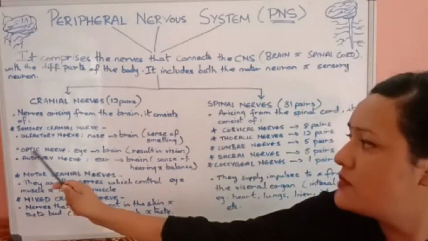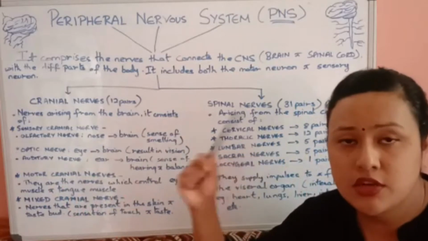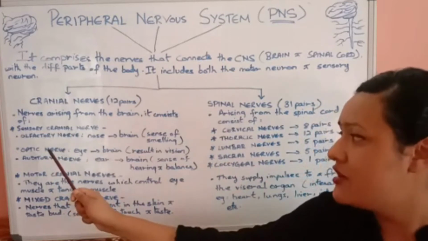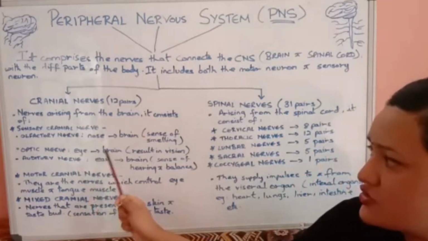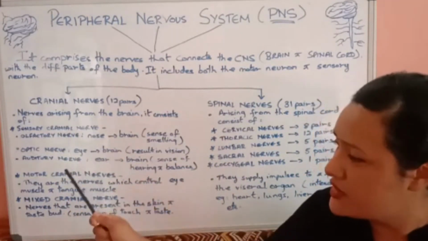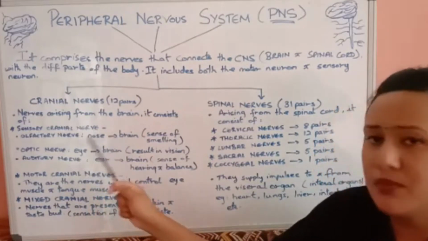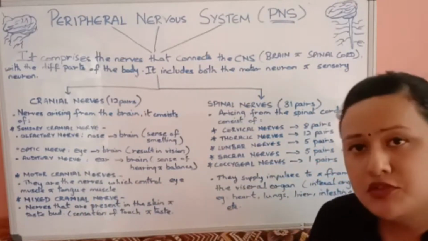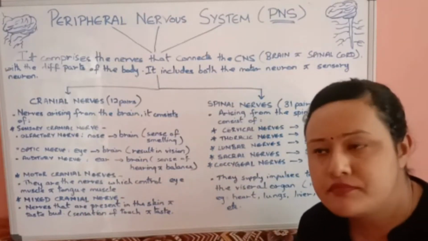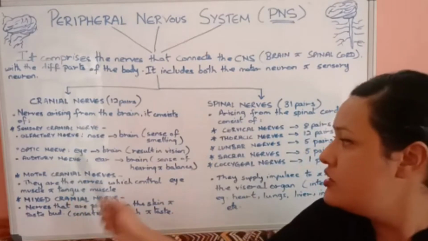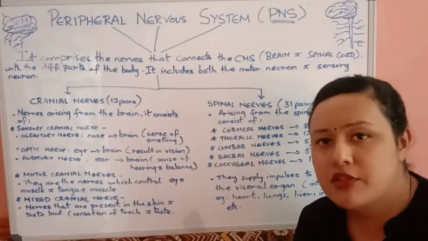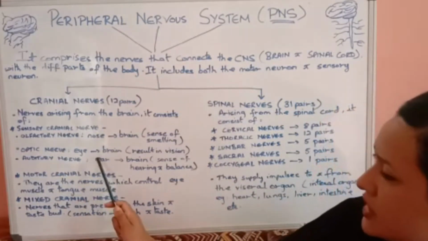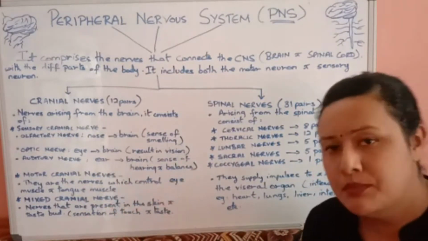Another one is the optic nerve, the nerves that arise from your eyes and get connected to the brain. Here the impulses are carried from your eyes to your brain and from your brain back to your eye, and so it results in vision. Then the auditory nerves arise from your ear and are connected to the brain.